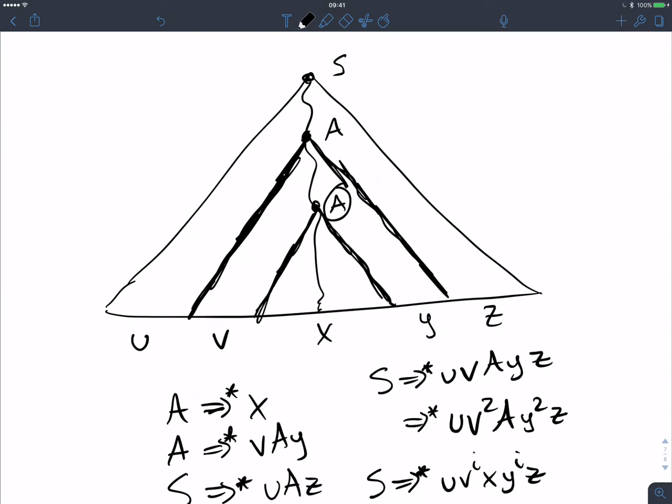Suppose it has the absolute minimum and it can't go any lower. How long could VXY be? Could it be the entire string, possibly? Could VXY be longer than the length of the minimum number string? No, it can't be longer.